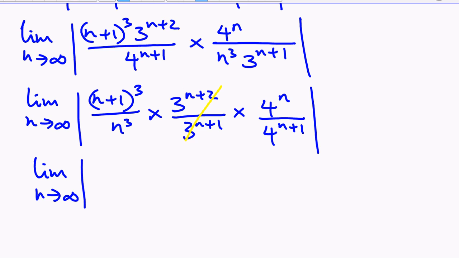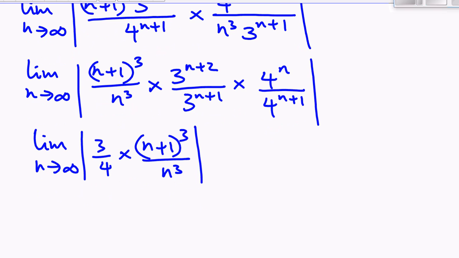This will give us 3 and this bit will give us a quarter. So what we'll end up with is 3 over 4 multiplied by n plus 1 cubed over n cubed.